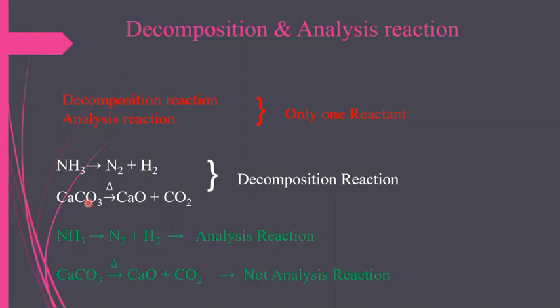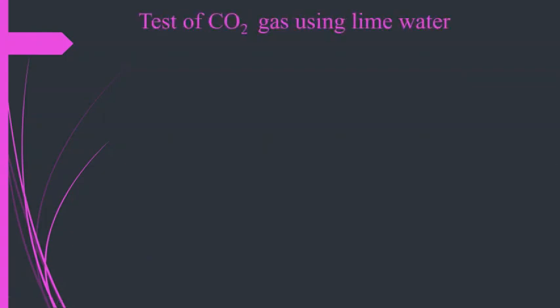But the reaction, calcium carbonate is decomposed to make calcium oxide and carbon dioxide, it is not analysis reaction, it is only decomposition reaction. So here we can tell that all analysis reactions are decomposition reaction, but all decomposition reactions are not analysis. Now, test of carbon dioxide gas using lime water.